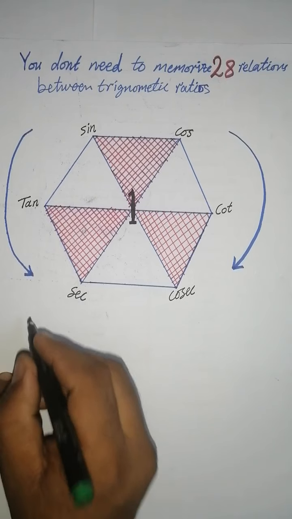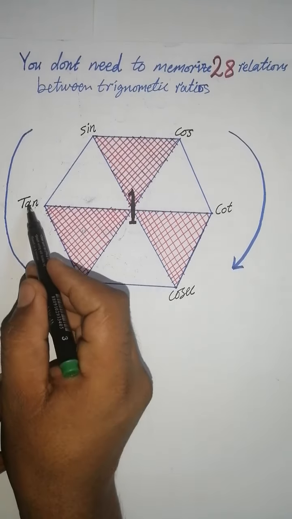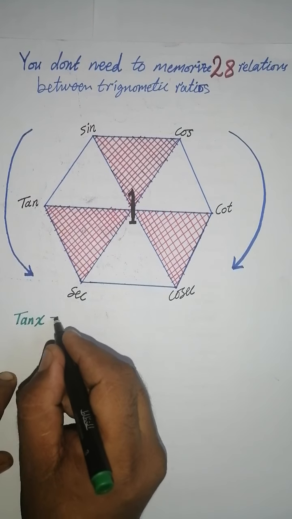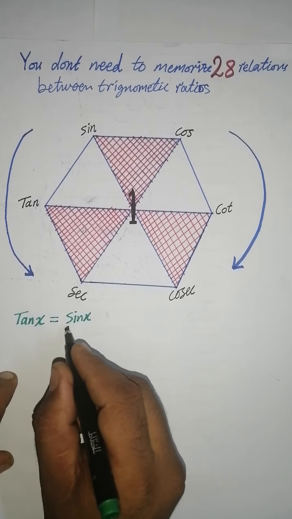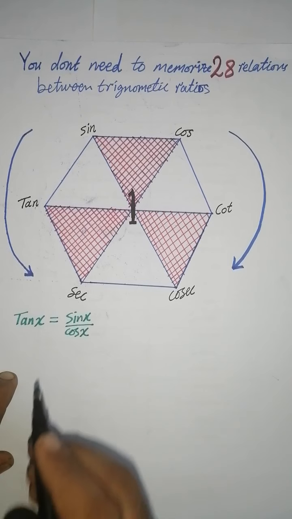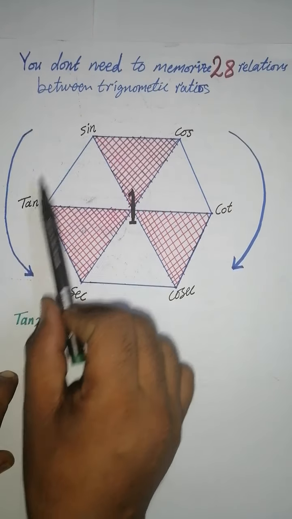Tan x equals sine over cosine equals sine x over cosine x. So I'm taking the first two after it. Okay, from tan, let us go to sine.